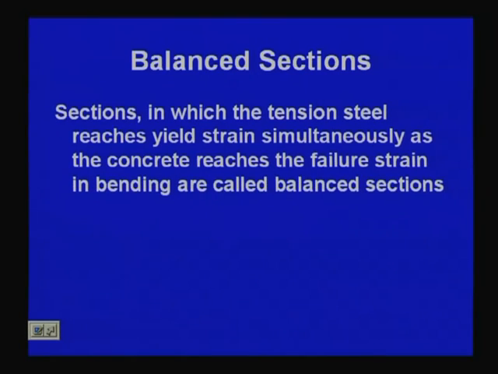So, sections in which the tension steel reaches yield strain simultaneously as the concrete reaches the failure strain in bending are called balanced section, because we are considering beam and that is mainly for bending, the dominating one. So, we shall consider that section as balanced section when concrete and steel both of them simultaneously reach the specified limiting strain.